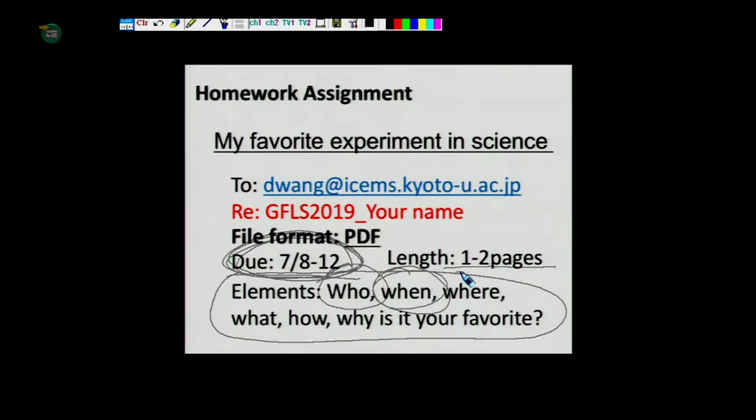And where was the experiment conducted? And what exactly is this experiment? What was the person trying to find out? And how was the experiment designed or done? And finally, importantly, why is this experiment your favorite experiment?